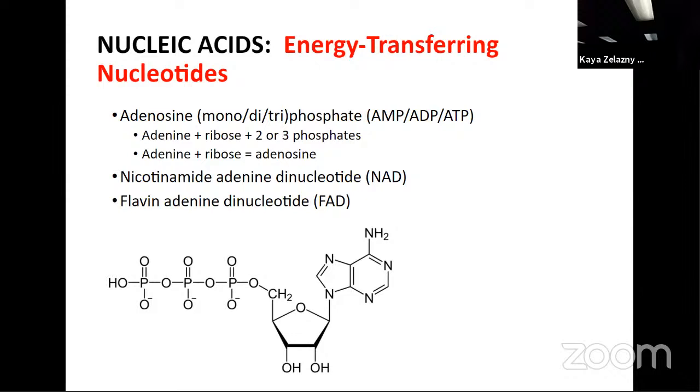So we have these specialized forms of nucleotides, in our most important case AMP, ADP, ATP, right? ATP, we should recognize from our previous courses as our form of cellular energy. So energy.